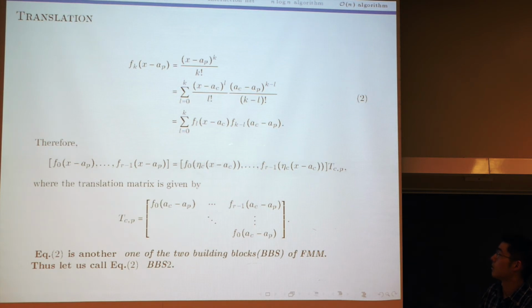We do this algebraic operation to express the function corresponding to P as the one corresponding to C times a constant.